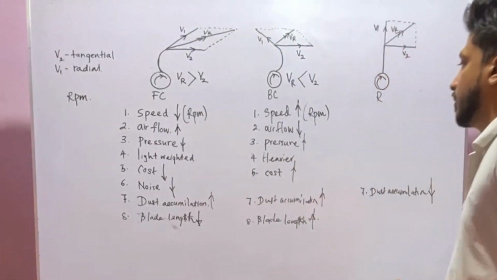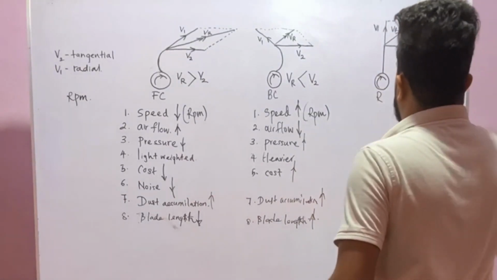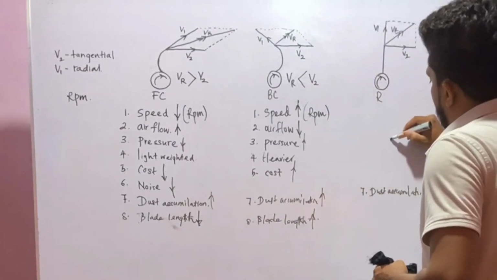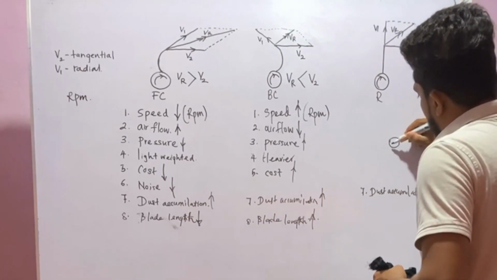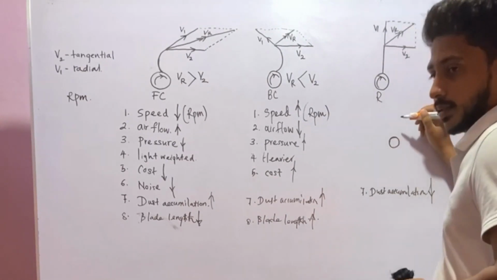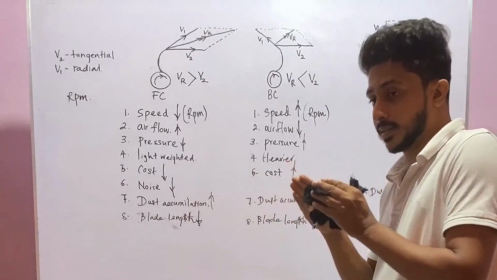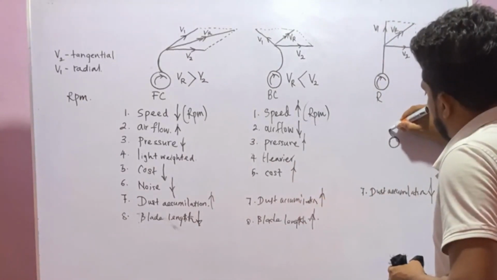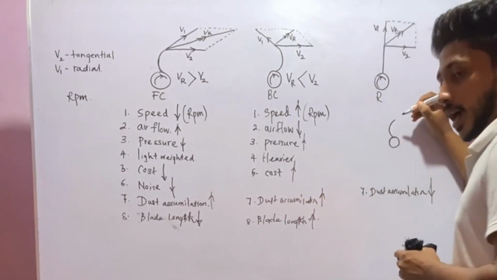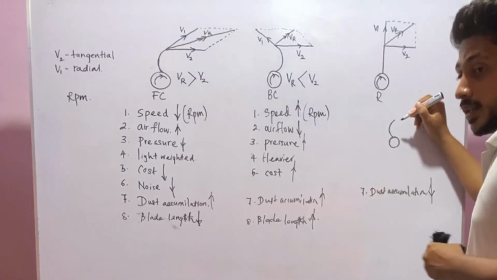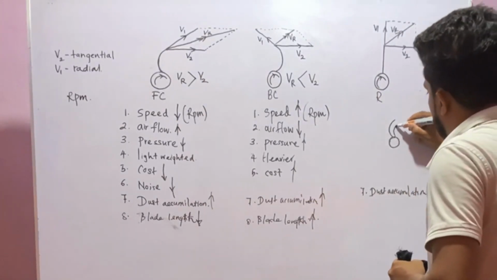Then the other thing is, if I consider forward curve blades, they have a less length. Because of that, in order to handle more air, they have to increase the number of impellers like this.